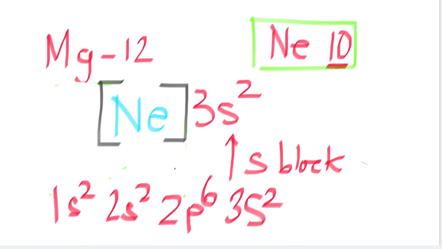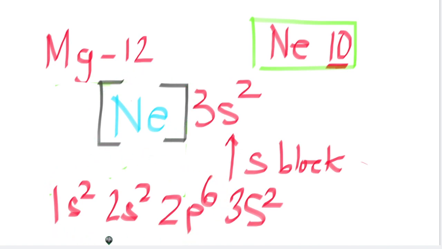So whenever you write the electron configuration for something that is in the period below neon, anything that is in that period where you have magnesium, where you have aluminium, where you have silicon, you can write neon core to symbolize all of this.